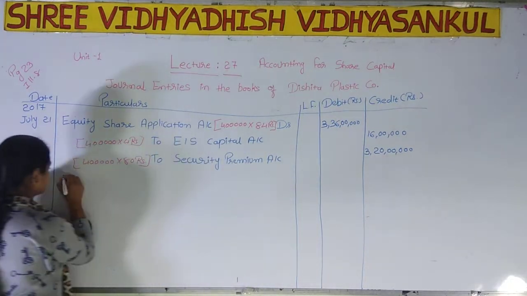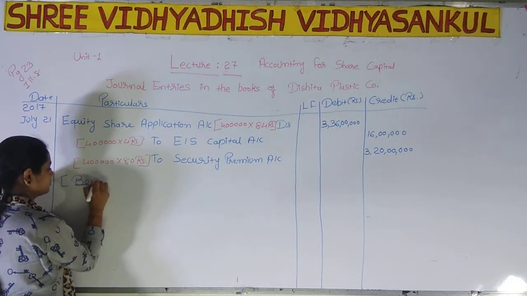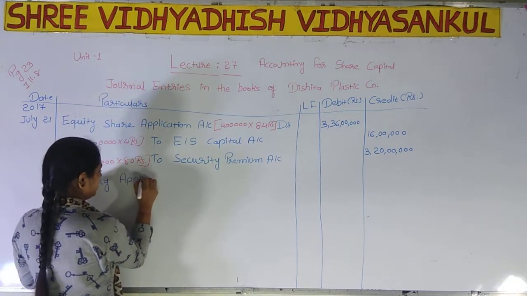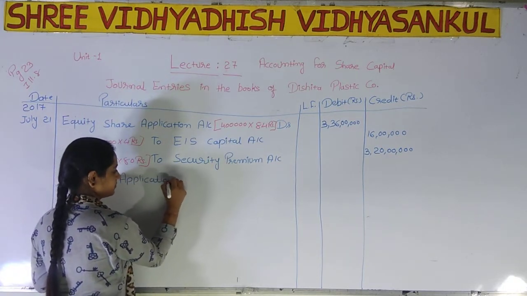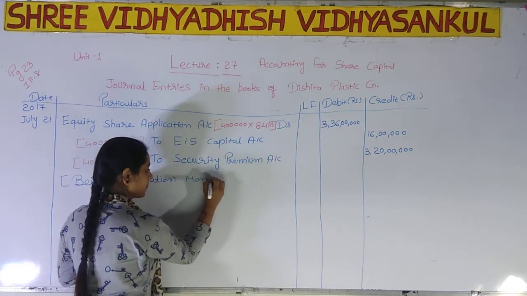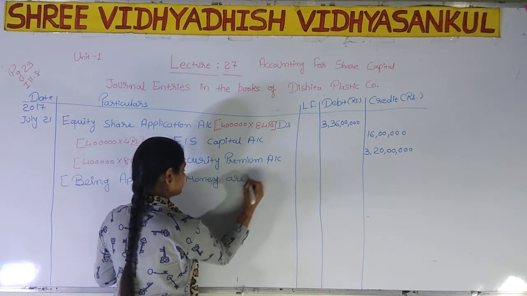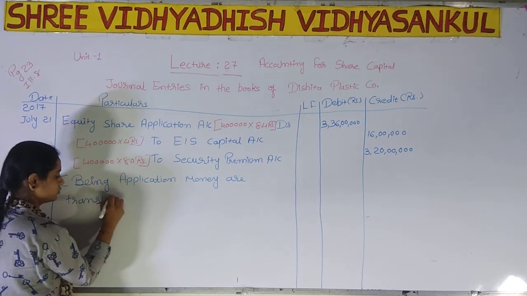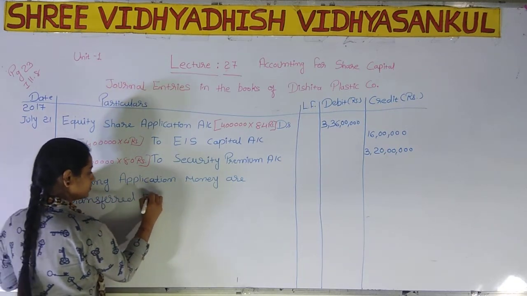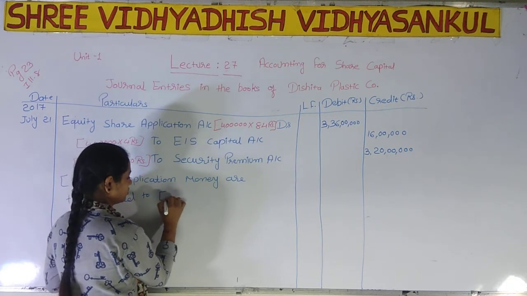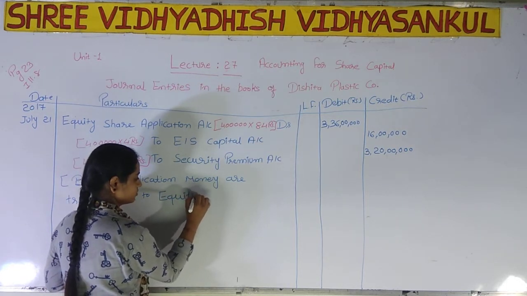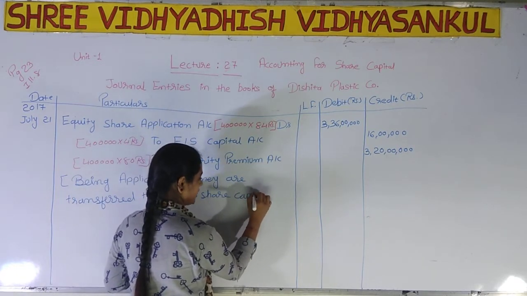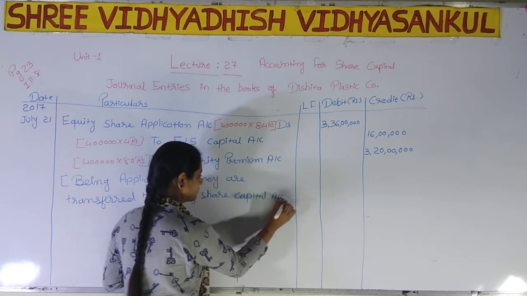Into bracket we have to write being application money are transferred to equity share capital account.